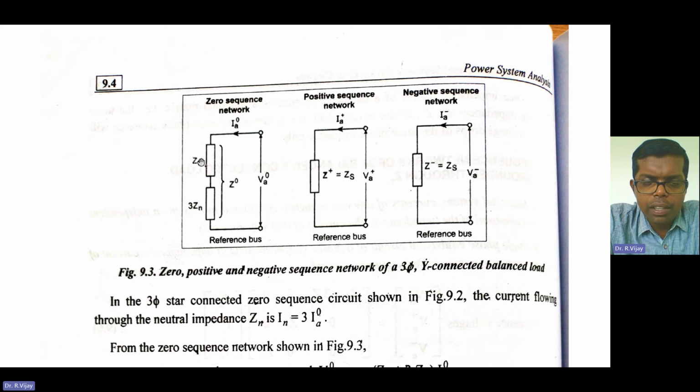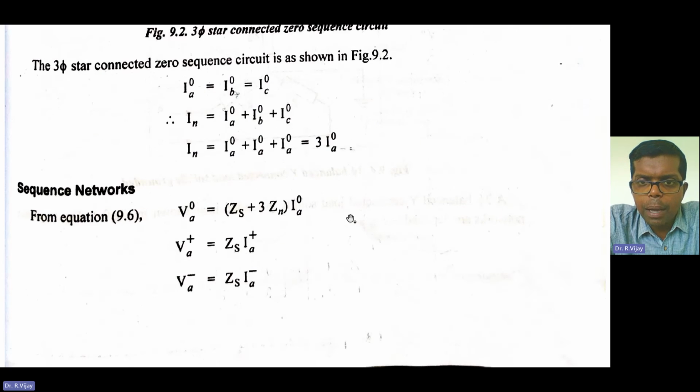The zero sequence network comprises Z_S plus 3 Z_N, that is Z0. Here the current is I_A0 and the voltage is V_A0. Similarly, the positive sequence network: Z plus is equal to Z_S, from the previous formulation.